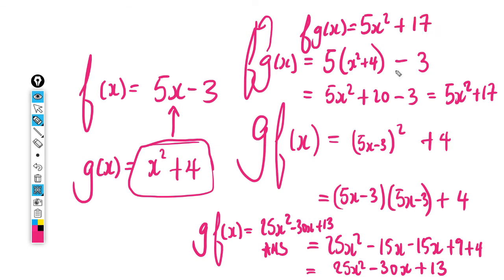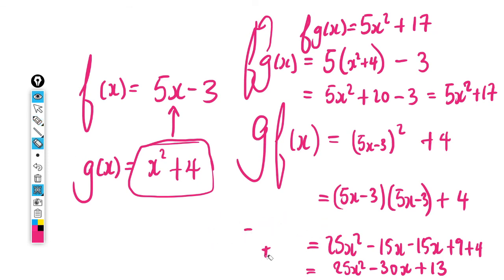Cool. So let me just clean it up a bit, guys, and let me put g of f of x here is equal to 25x squared minus 30x plus 13, and f of g of x is equal to 5x squared plus 17.